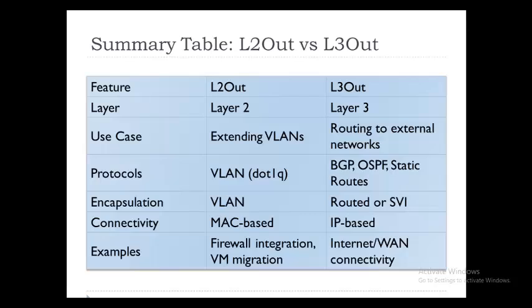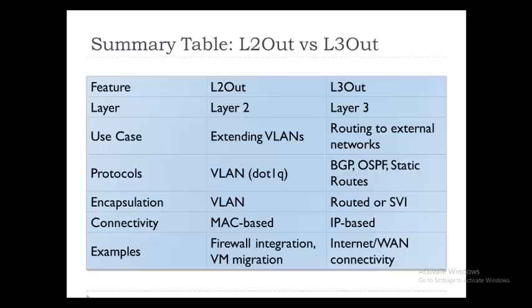Traffic may be initiated from a leaf, enter into a leaf, but exit on a classical network, because we have extended VLAN 100 to the outside switch, or we have extended the layer 3 to an outside router.